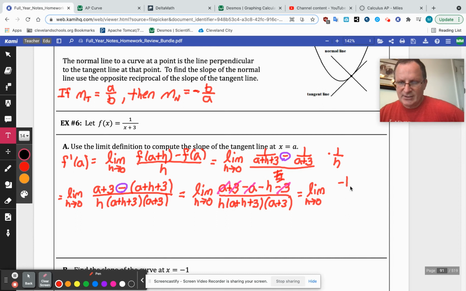And once again, just like before, we'll be able to cancel with the h on the bottom and leave us with a negative 1 up top. Then I've got a plus h plus 3, I'm going to run out of room, but it's going to work, times a plus 3.